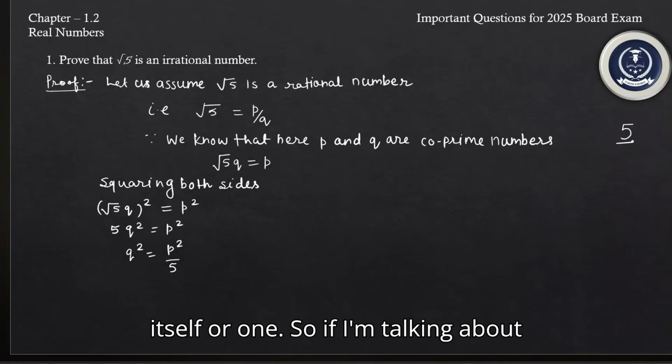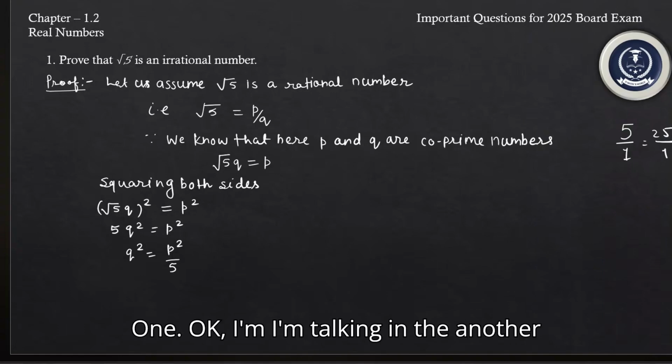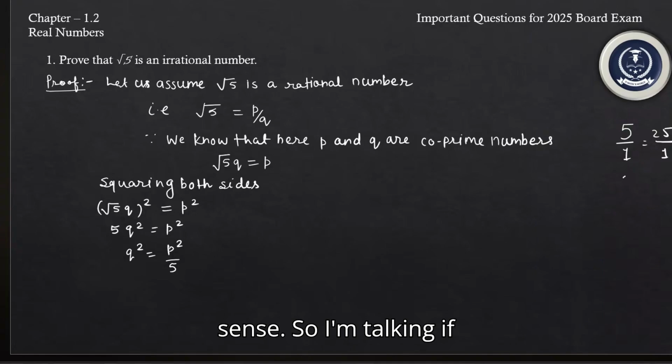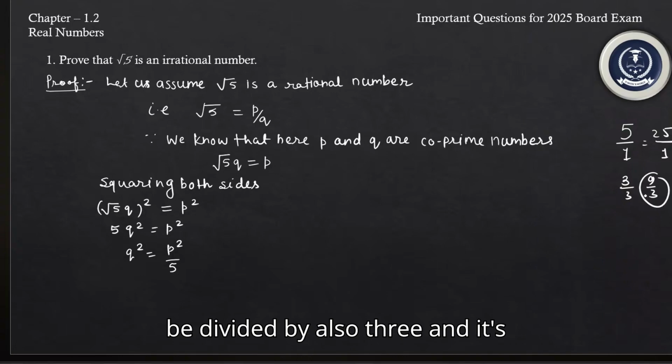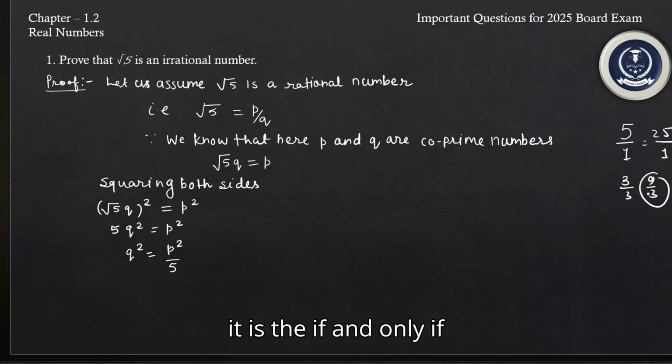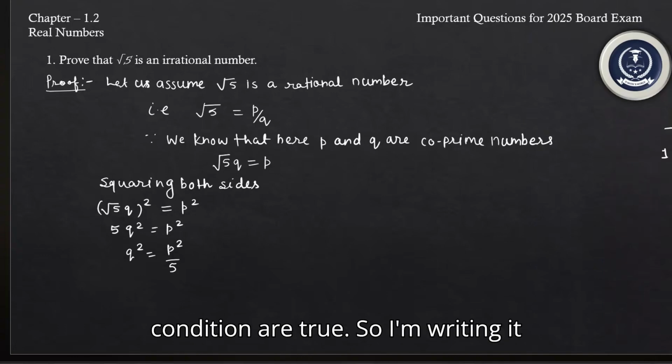If 3 divides 3, then 9 is also divisible by 3. And it is an if and only if condition, which means the sufficient condition and the converse condition are both true.